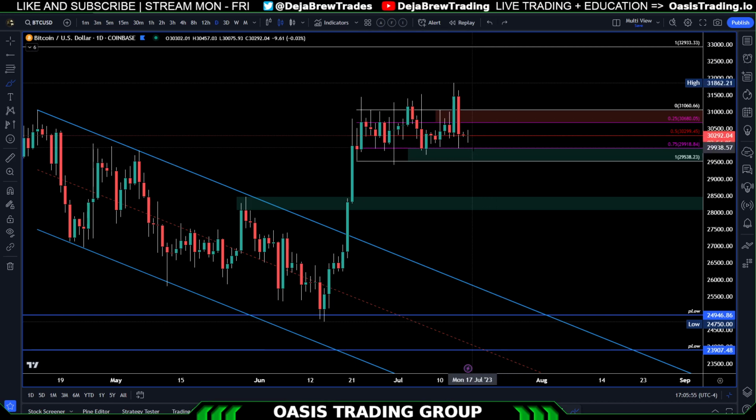So for now, if it goes back towards the low, look to be a buyer unless we find value below 29.5. If it goes back towards the high, look to be a seller until we hold value back above 31,000. Okay, we are dead center, almost to the absolute dollar, holding the middle of this range for now.